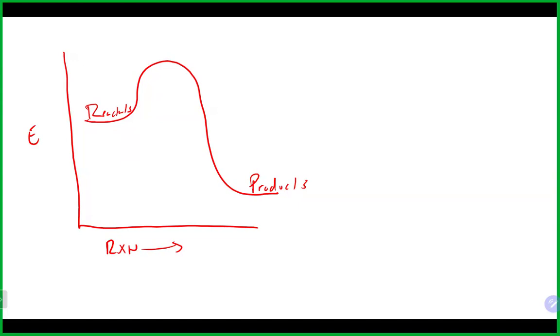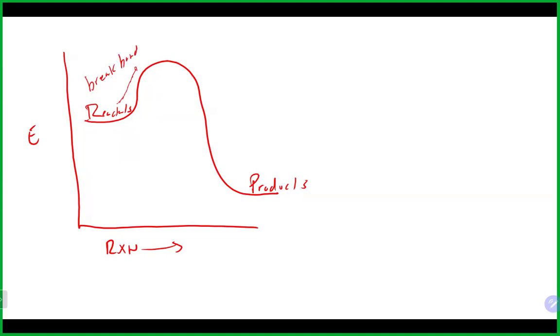And they also have to hit each other with the right amount of energy to kick off the reaction. So as they collide and they have those two things, the right location and the right amount of energy, these reactants are going to start to break bonds.